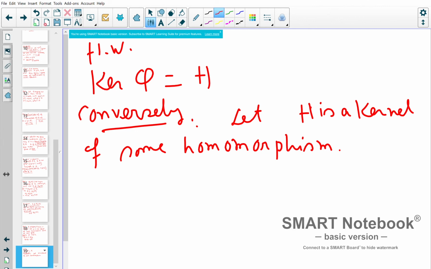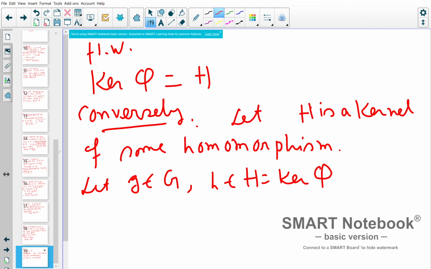Now kernel is a subgroup, we know already, right? Now how to prove kernel is a normal subgroup? Let g belong to the group G and h belong to H, which is the kernel of some homomorphism phi.